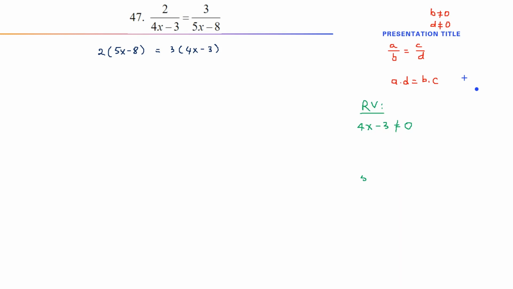And 5x minus 8 different from 0. We add 3 to both sides. We have 4x different from 3. Then we divide both sides by 4. We have x different from 3 over 4.